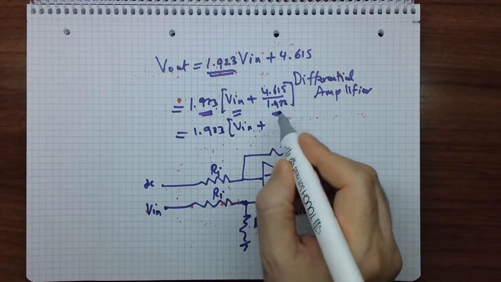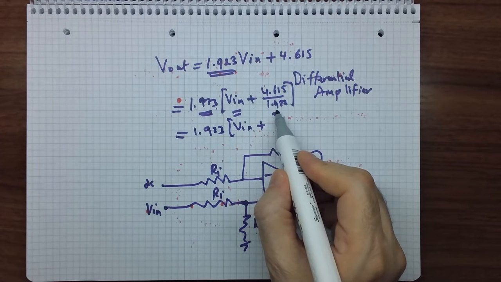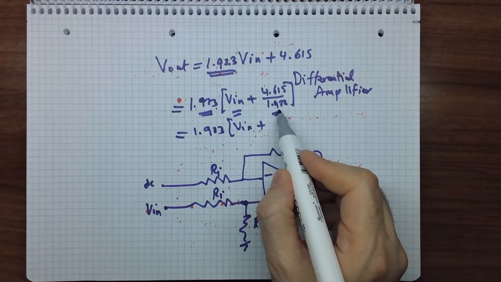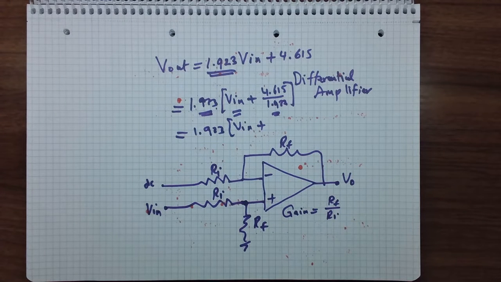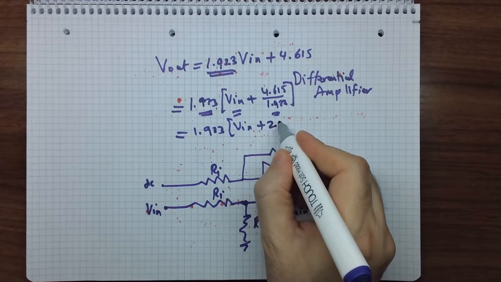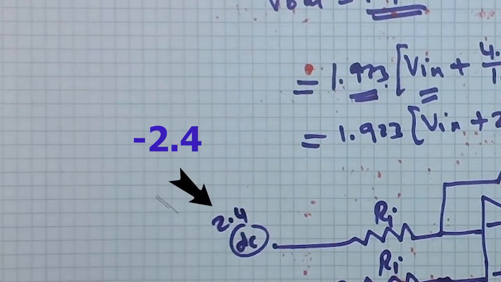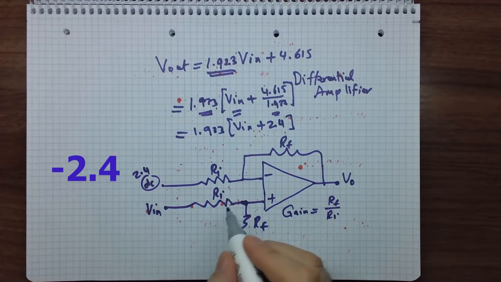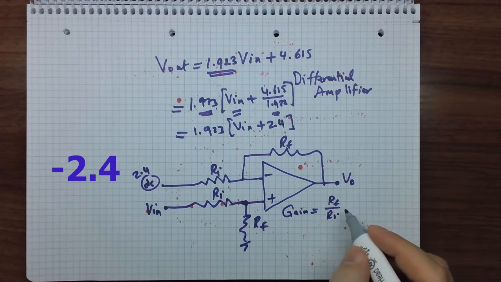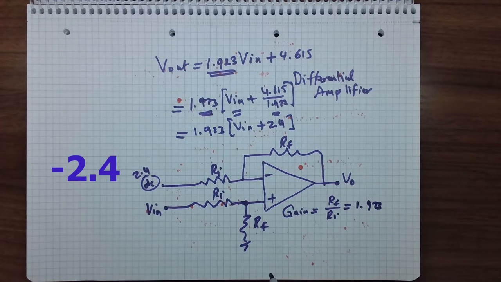In this case, this is equal to 1.923 Vn plus, divide this by this, 4.615 over 1.923. We will get around 2.4. So this one should be 2.4 volt. Okay, and this one, the gain RF over RI should be equal to 1.923.